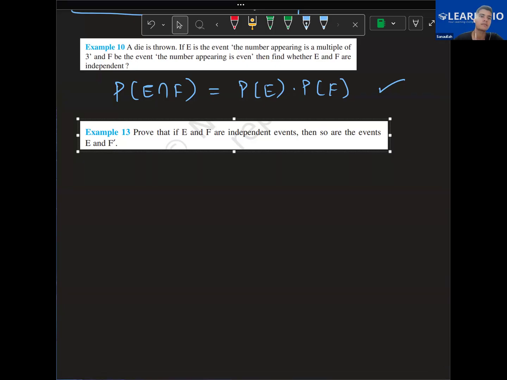Sir, should I prove it with an example? See, you can prove the formula if you know the algebra. If you know the algebra, you can go with the algebra. Otherwise, you can use the Venn diagram also.